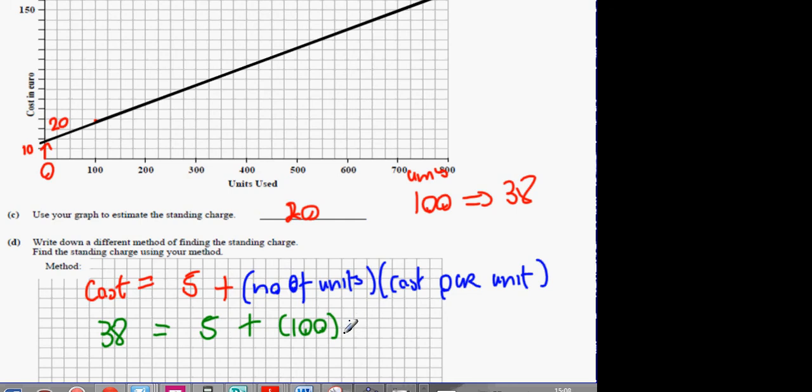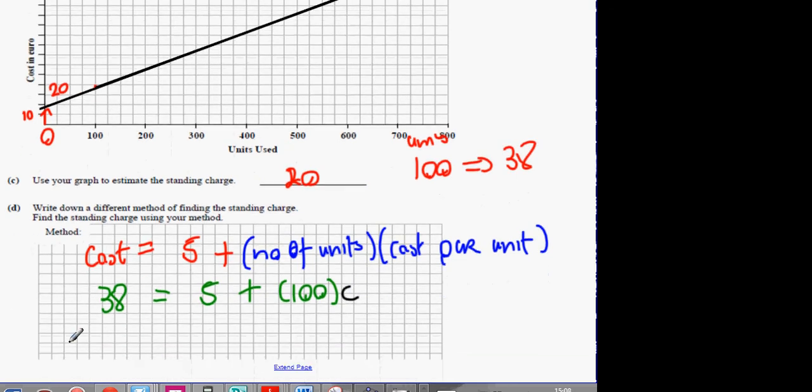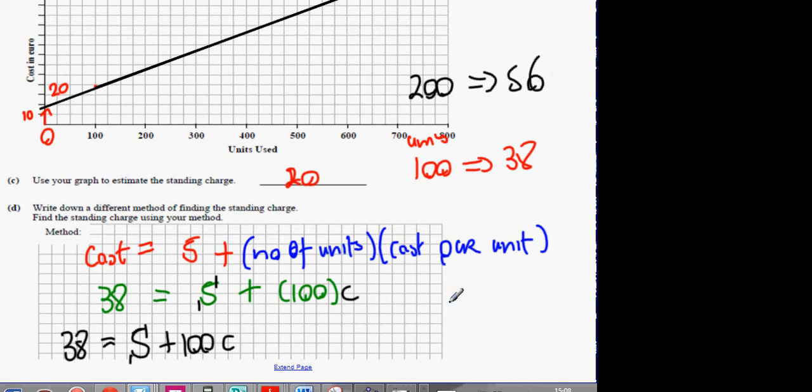Okay, C. This is the equation: 38 equals S plus 100C. Now, give me another point on the graph for 200, let's say. 56. Now look at this. 56 equals your standing charge plus 200 multiplied by the cost per unit.